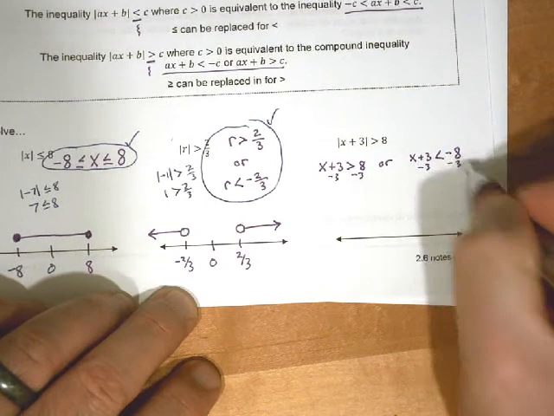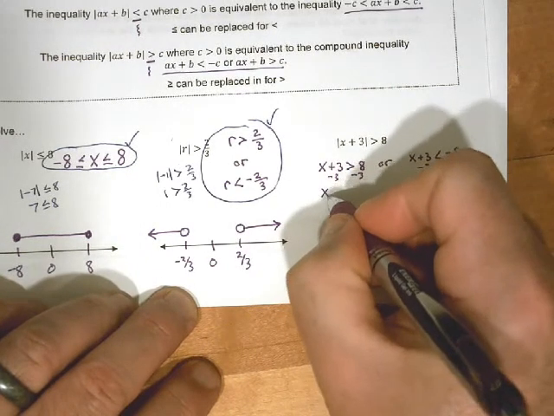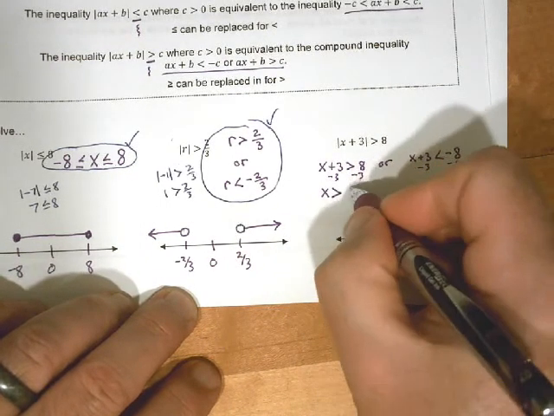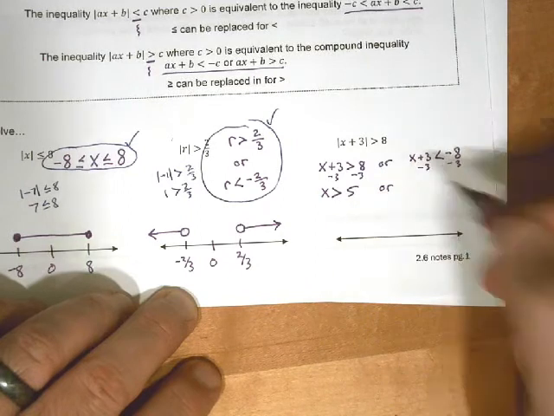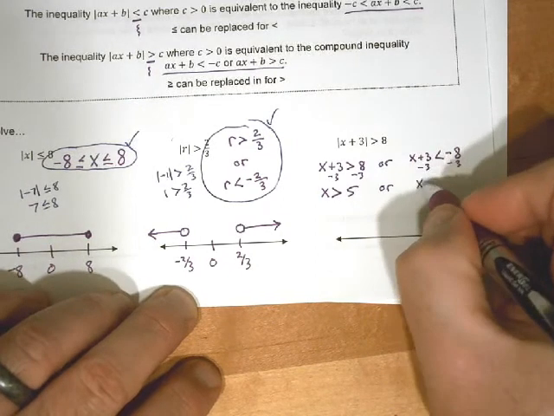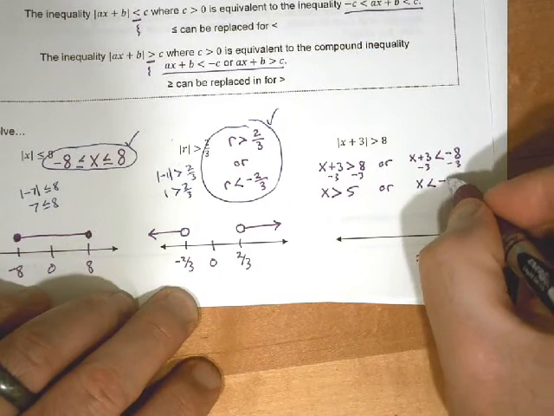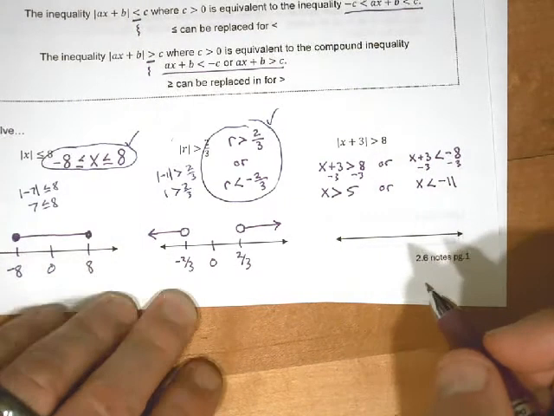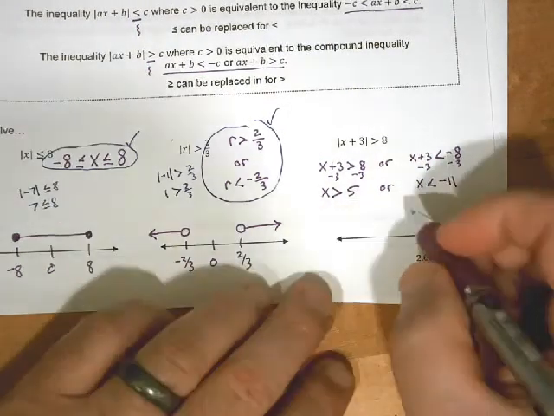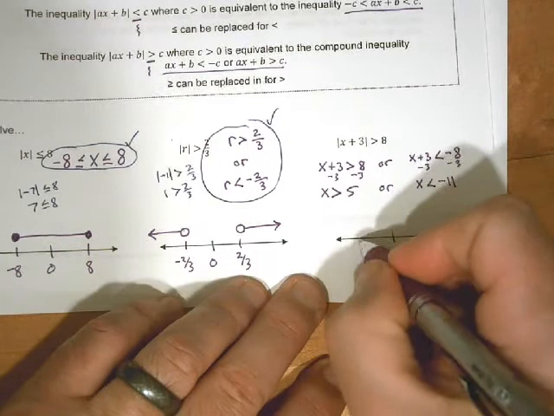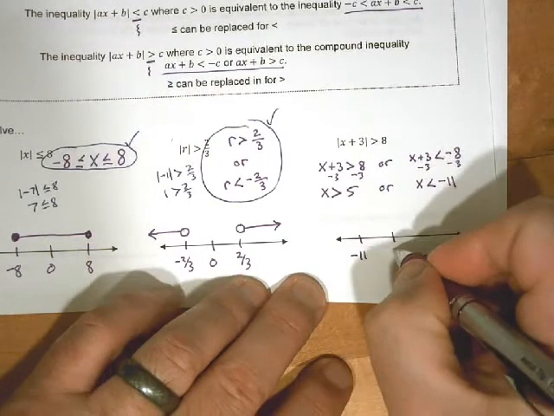And then we just attack it like we have been solving. So minus 3, minus 3. I'll even do it over here as well. Minus 3, minus 3. So x is going to be greater than 5, or x is going to be less than, looks like a minus 11.